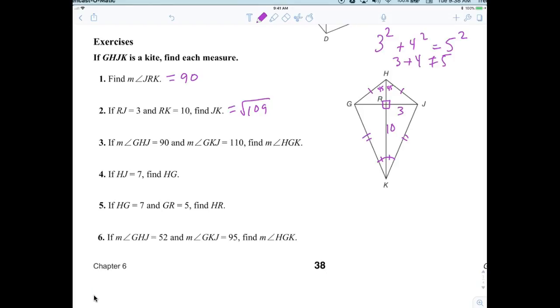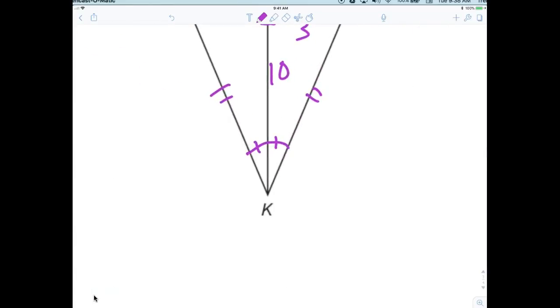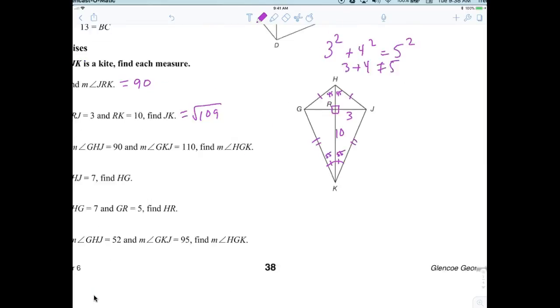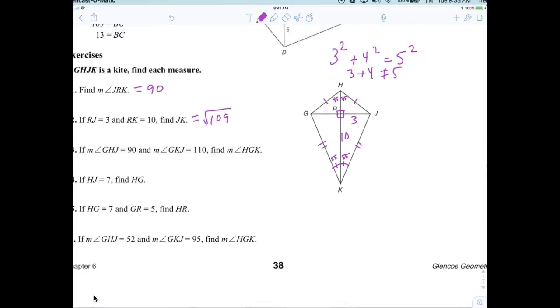I'm trying to find these real quick. GKJ, let's go ahead and put 55. And then we want HGK. That's kind of easy, right? Because 55 plus 45 would be 100, so that's 80. Is everybody comfortable with that?